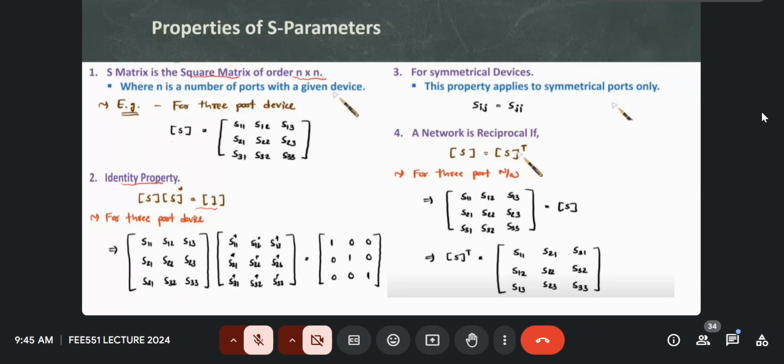Symmetrical: Sij equals Sji. And a network is reciprocal if S equals S transpose. Basically, reciprocal is telling us, in simple terms, that if you look at the network in the reverse direction, you'll get the energy flow being the same as when you look at it in the previous way.